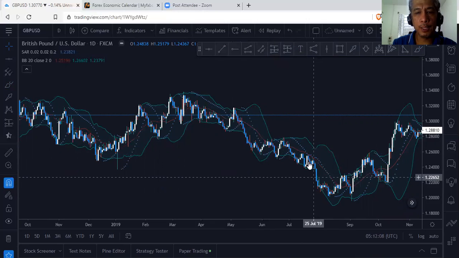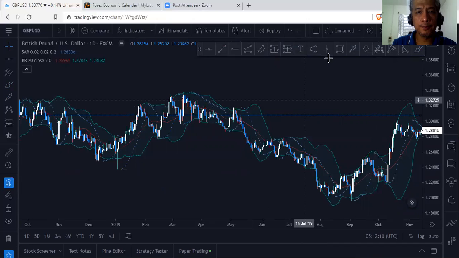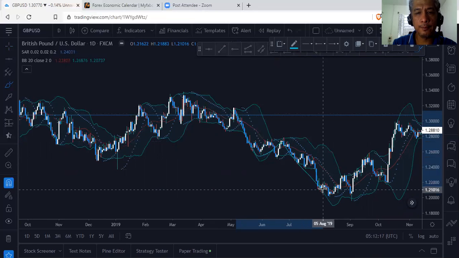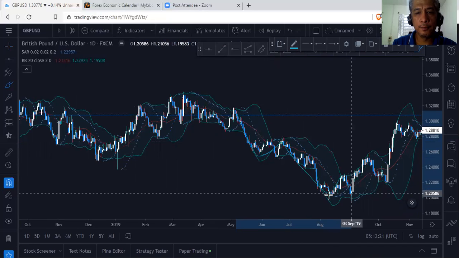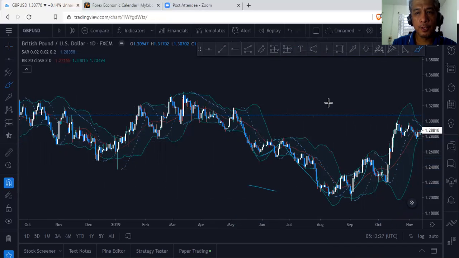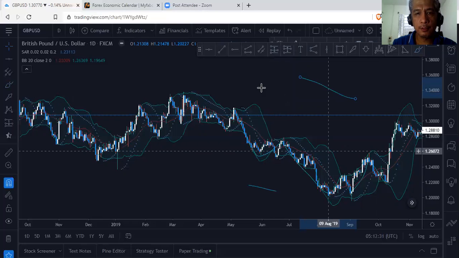After the N pattern, we can see W. N pattern, N, and there is W, right? W, W. So this could be a major trend reversal in this location.